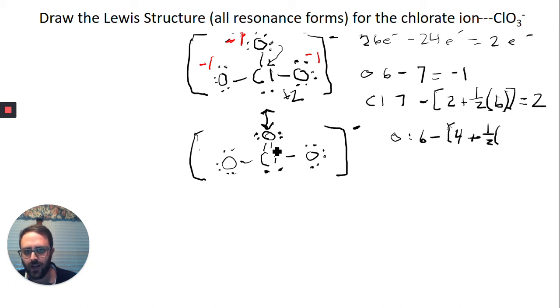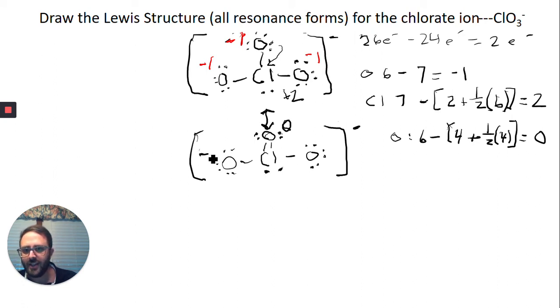So you have a double bond here. That's 2 plus 2 gives me 4. So we have 4 plus 2 would give me 6. That gives me a formal charge of 0. So we're doing better here. We're doing better on that oxygen. You have a negative, you have 0 formal charge.